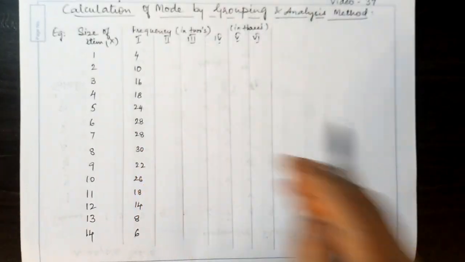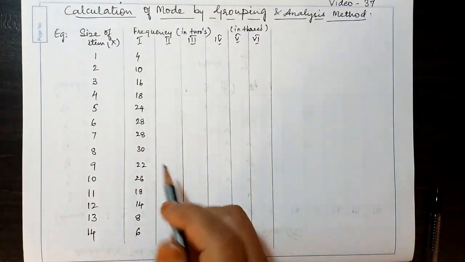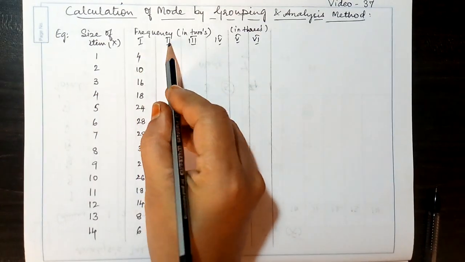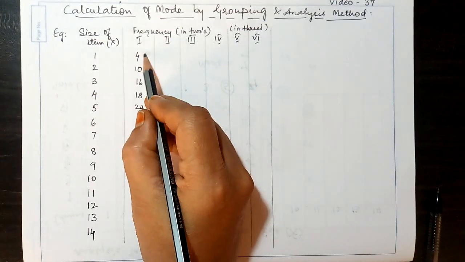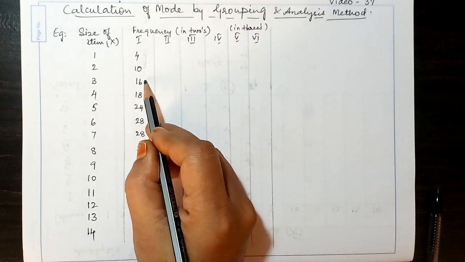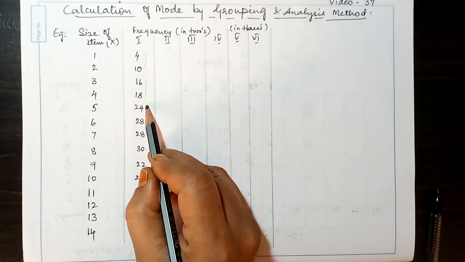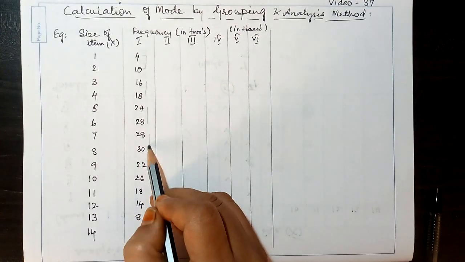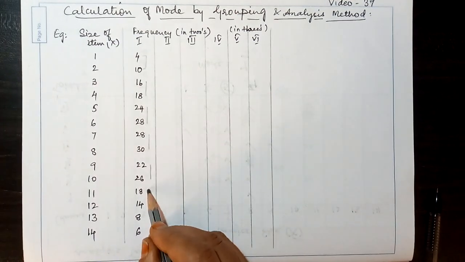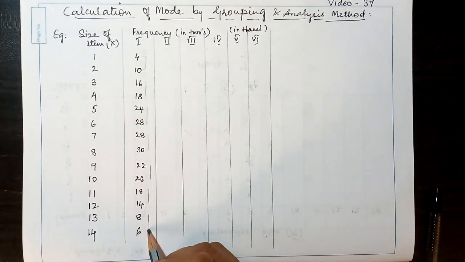So let's now first mark how to add in twos. In the second column, we will add the first and the second item, then the third and the fourth, then 5 and 6, 7 and 8, 9 and 10, 11 and 12 and 13 and 14.